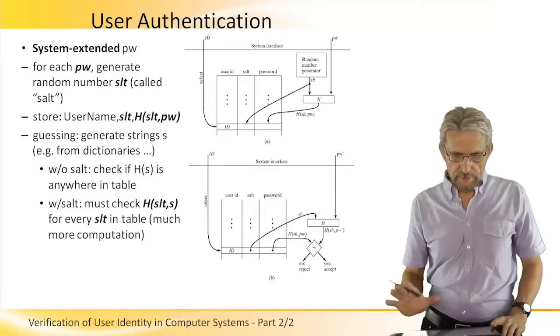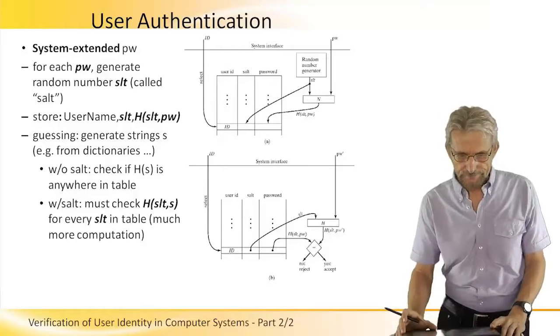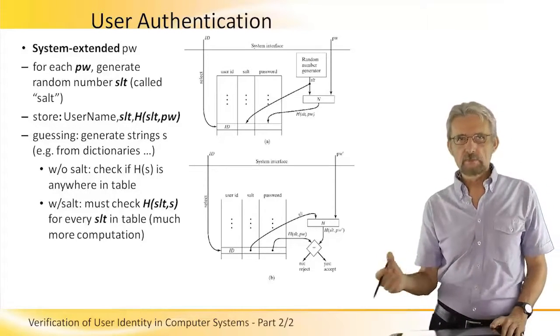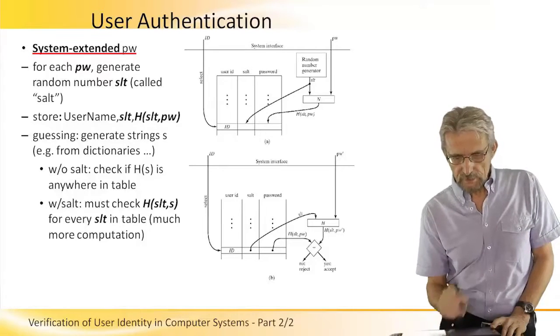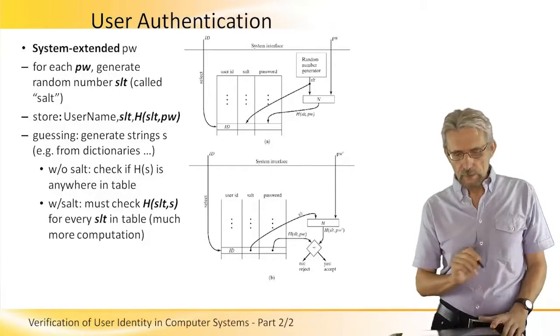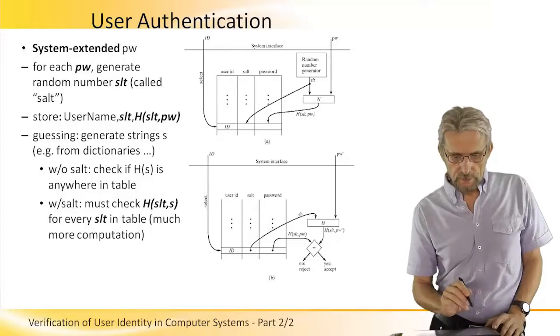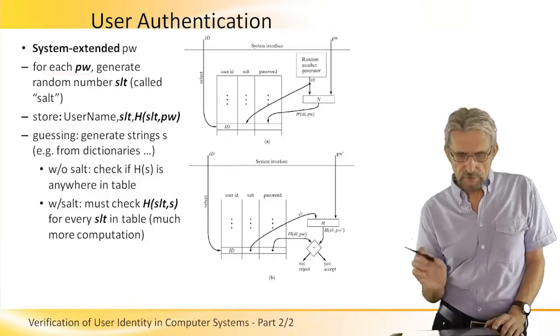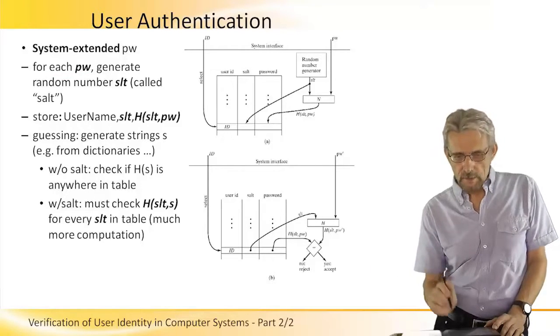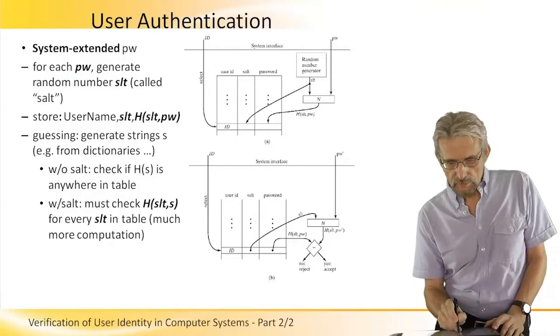And here we have the last approach to making passwords more difficult to guess. It's called system extended passwords. For each password that a user provides, the system actually extends it by a random number called salt.